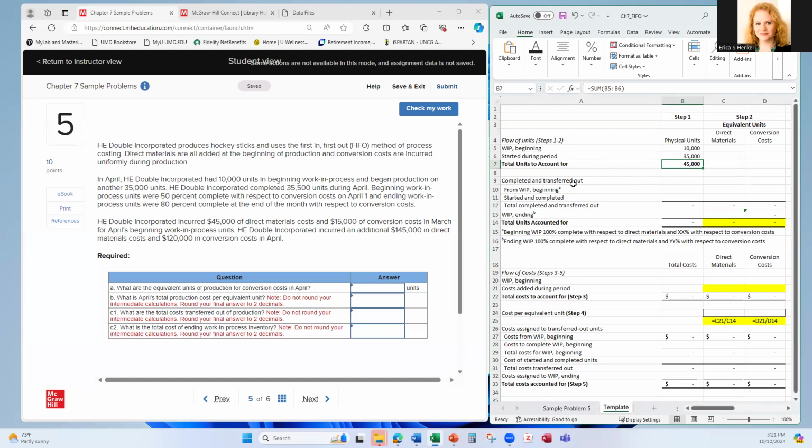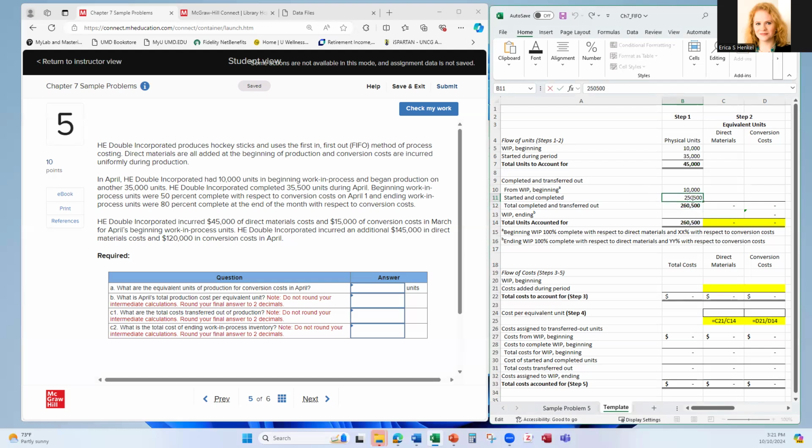Now, completed items that were transferred out during the period, we completed 35,500 units. All right, so if we had 10,000 units, we're assuming we completed those units. And then if we want to arrive at 35,500, the difference between that and the 10,000 is 25,500.